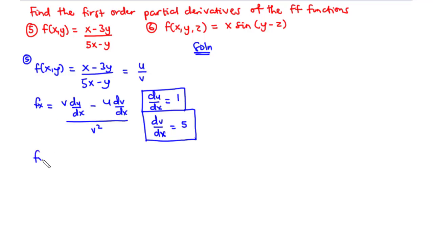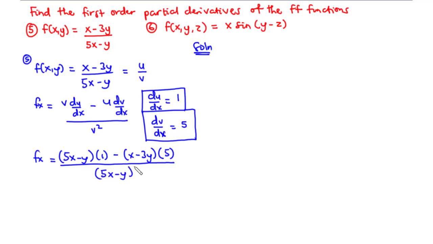Therefore we have fx equals, we have v to be 5x minus y, so 5x minus y times du/dx, which is 1, and then minus u, which is x minus 3y, that's also times dv/dx, which is 5, all divided by v square, 5x minus y all square.